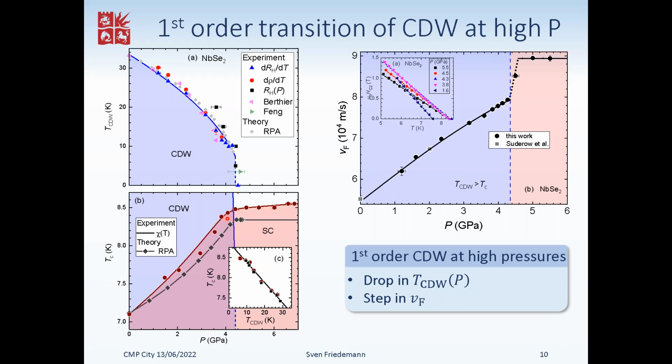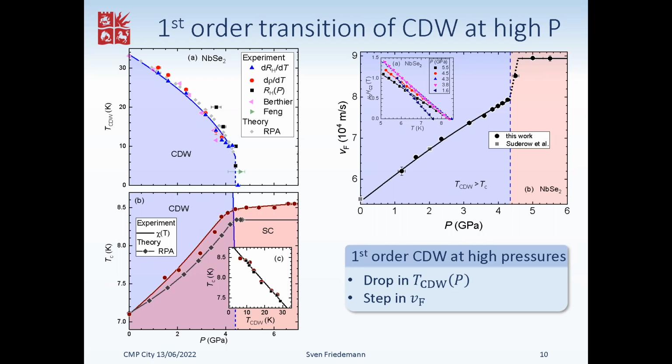Namely, we observe that the Fermi velocity, as extracted from the slope of the critical field HC2, increases smoothly up to the point where the transition temperature of the superconductor is larger than that of the charge density wave, and then it jumps and becomes constant outside the charge density wave. Again, that is sensitive to the Fermi surface and shows us that there is a jump, and hence a first order transition of the charge density wave.